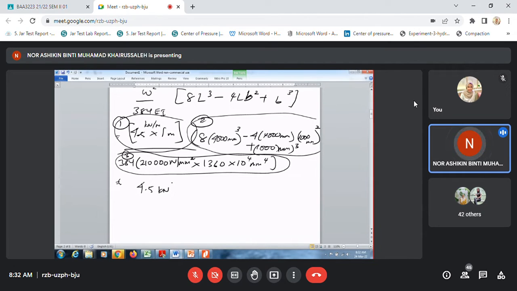What is the two? Can you give me what is this one? And what is the third one?